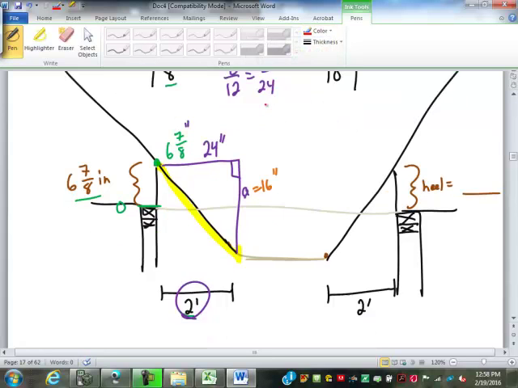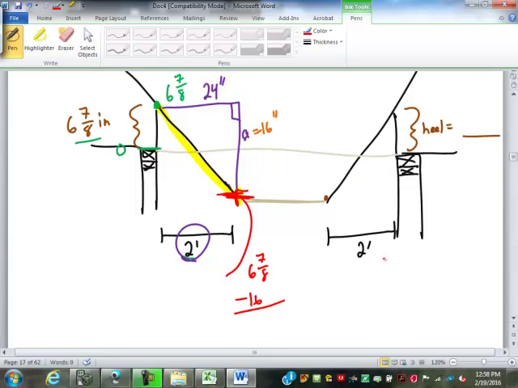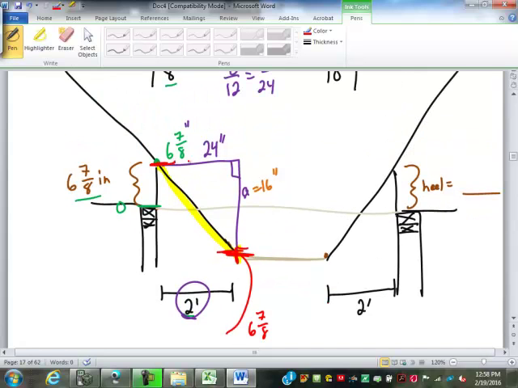So what that means is this point right here, the height of that point is 6 7/8 minus 16. Does that make sense so far? I was at 6 7/8 up here, and I dropped down 16 inches to get down to here.